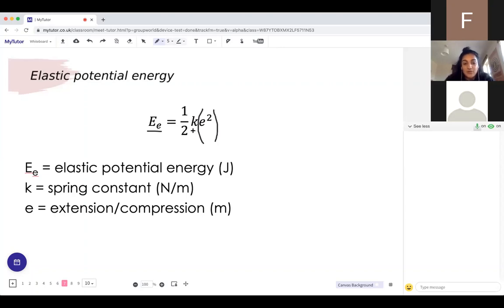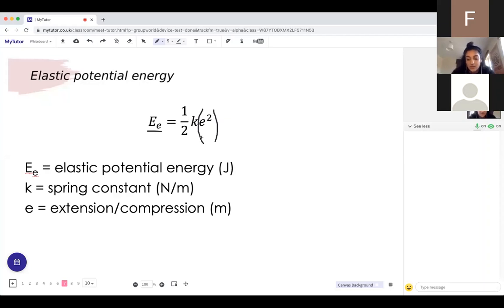It's the same spring constant that we had before in Hooke's law, and it's the same extension or compression that we had before in Hooke's law, but we're just using them in different ways. So spring constant, again, is still measured in newtons per meter, and extension or compression is still measured in meters. So our equation for elastic potential energy is half times spring constant times extension squared, where extension can be swapped out with compression.